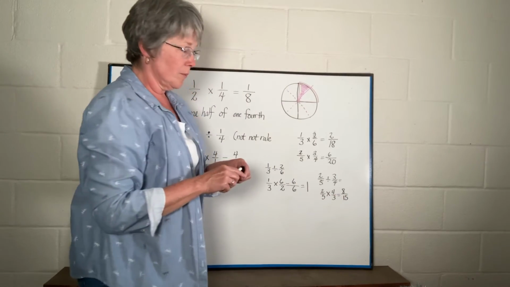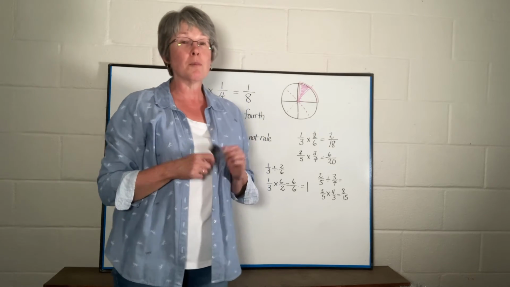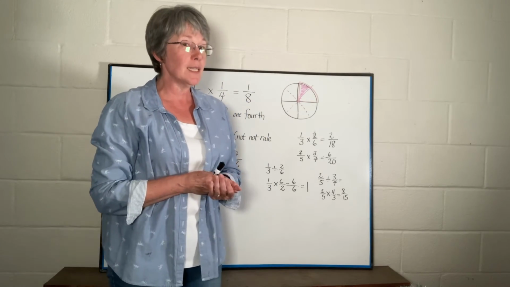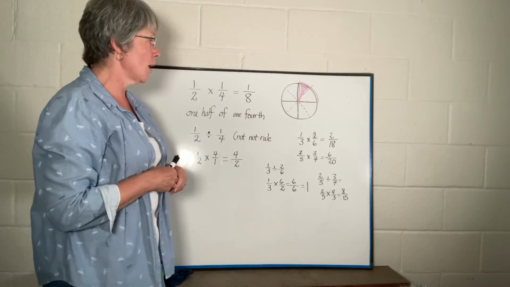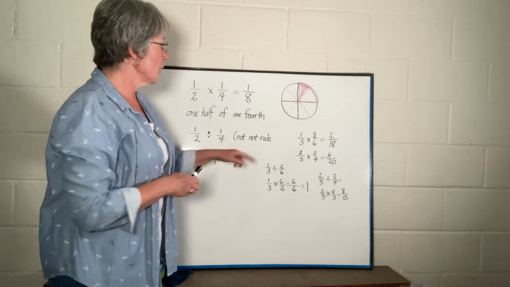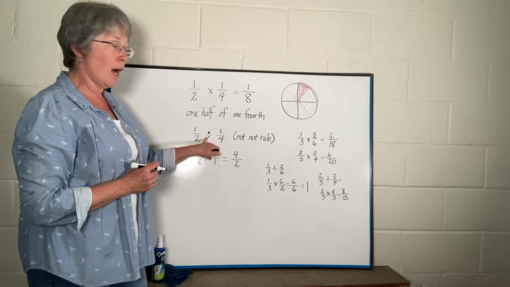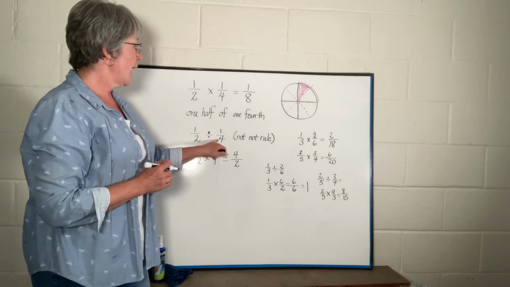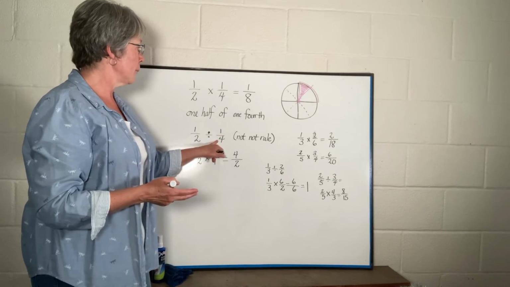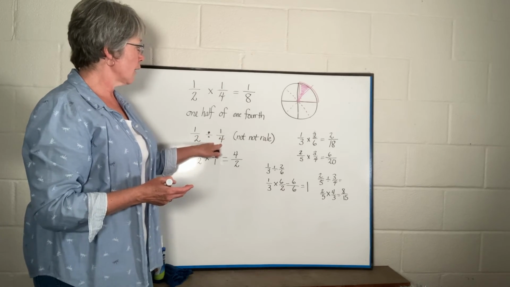So actually, to be really honest, multiplication and division is much easier, although you would think it would be much more complicated. Just remember the not rule when it comes to division. The opposite operation, and then invert or flip the second fraction.